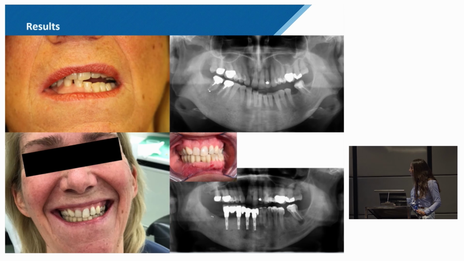So the results, they were really great, I think. She was really happy. This is her smile. And what I really like about this case is how dynamic bone tissue is, and the capacity of the body to restore normal function again.